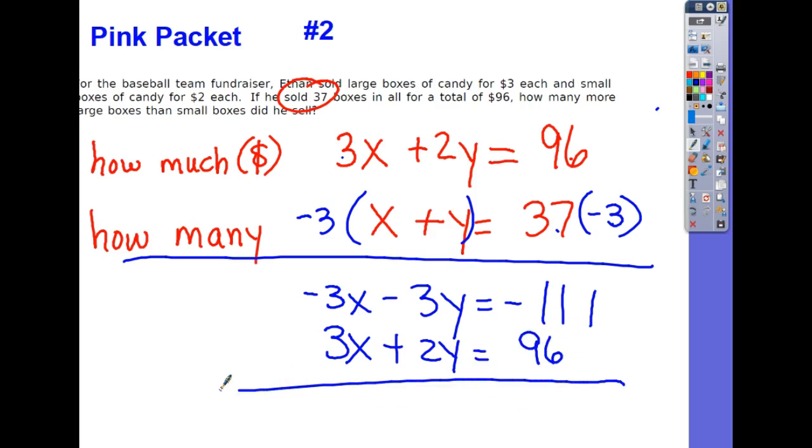When I add up the columns, what happens to my x's? Cancel out. This would be a -y equals -15. Divide by -1. And what's y equal to? 15.